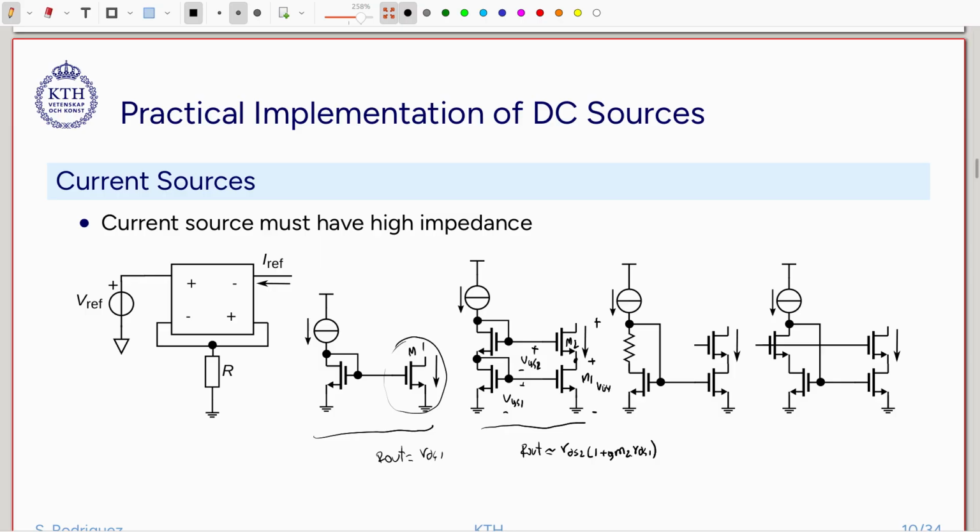So instead of this, what we can do is use the circuit on the right here. It has exactly the same output resistance as the cascode. It is a cascode configuration, but we press this voltage VDS1 a little bit down using a resistor here, and then we have the freedom to lower the gate voltage here, so that we also lower VDS2.